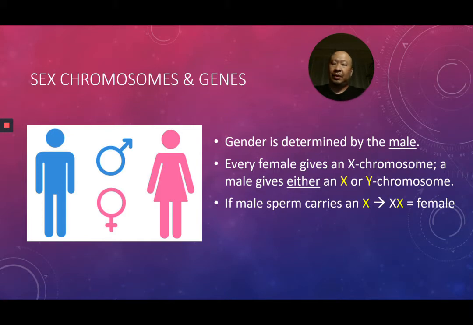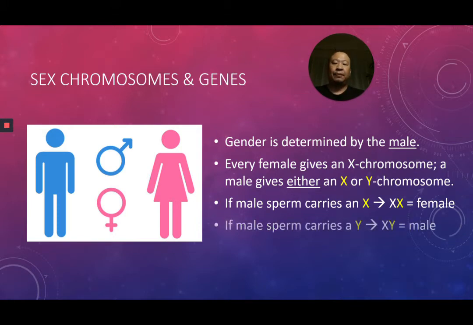So if a male sperm is carrying an X chromosome, whenever that sperm fertilizes the female egg, it will pair up with the other X chromosome, therefore making a homologous pair. Both X chromosomes are about the same size. They carry the same genes on both chromosomes.